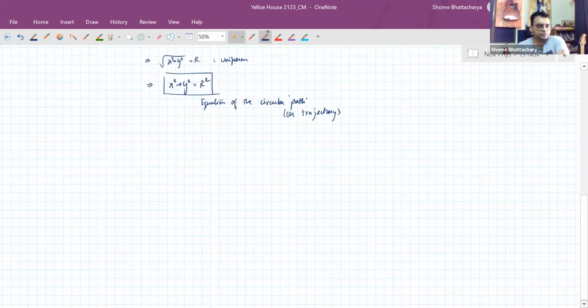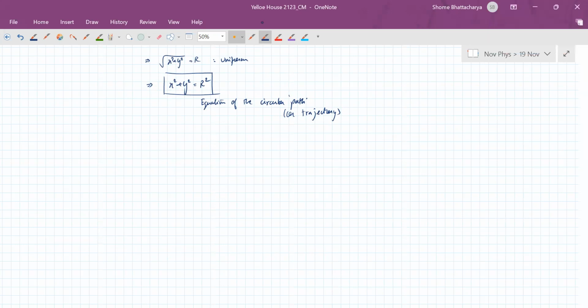So now we will introduce something called angular parameters, or angular variables, to describe the motion.